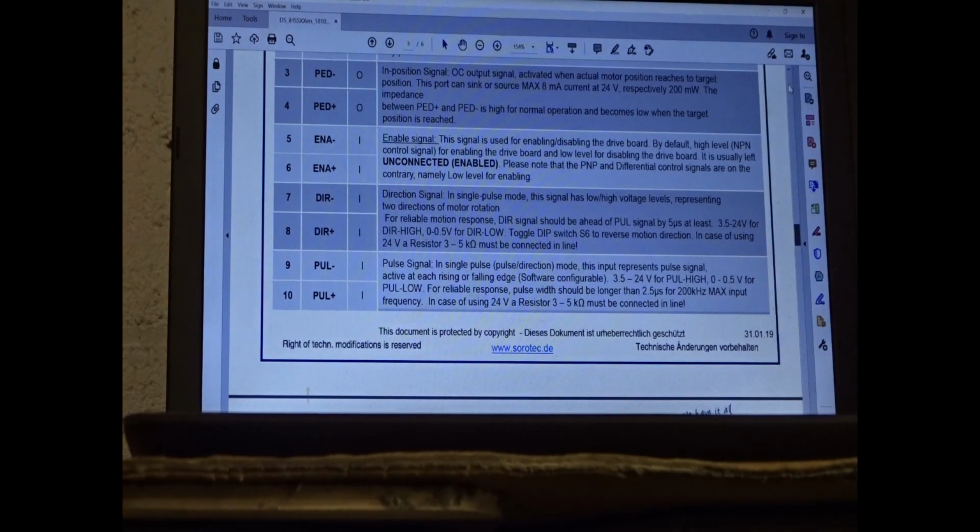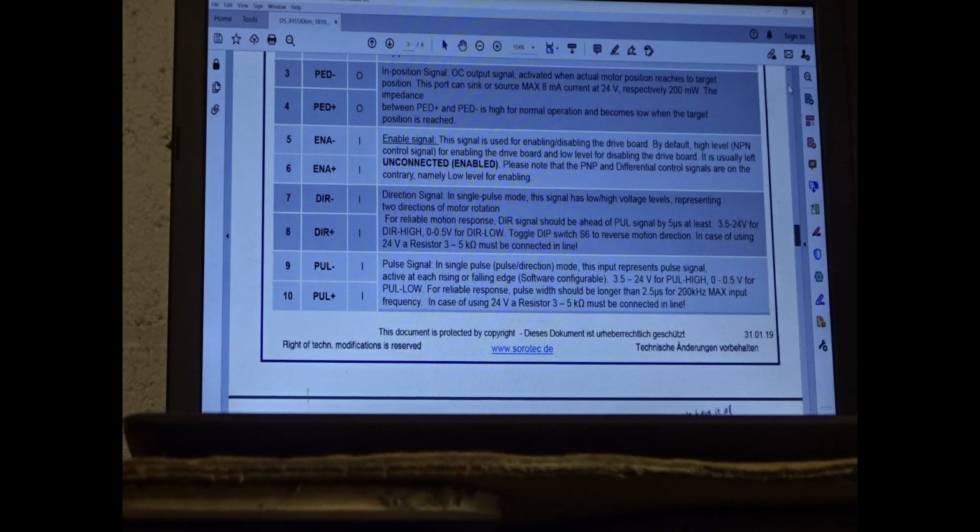Pulse signal. In single pulse direction mode, this input represents pulse signal active at each rising or falling edge, software configurable. It's also hardware configurable. You just flick a switch. 3.5 to 24 volts for pull high, 0 to 0.5 volts for pull low.